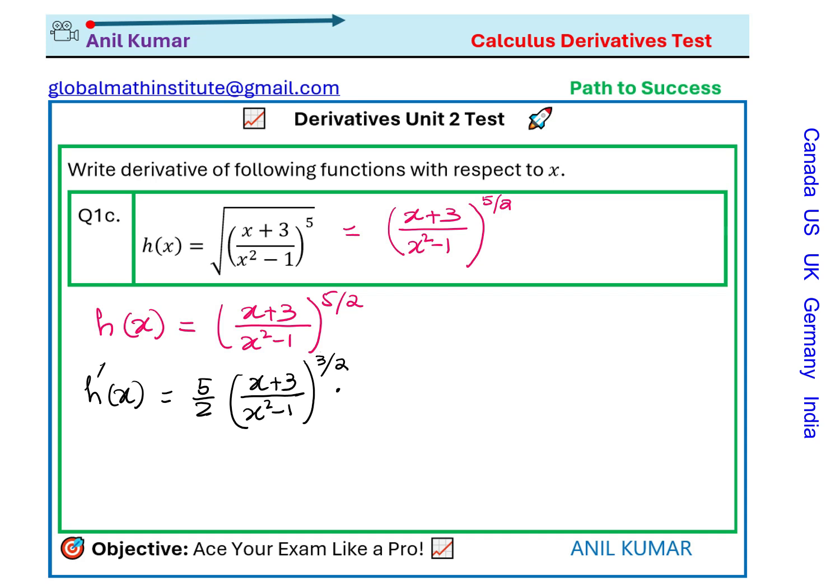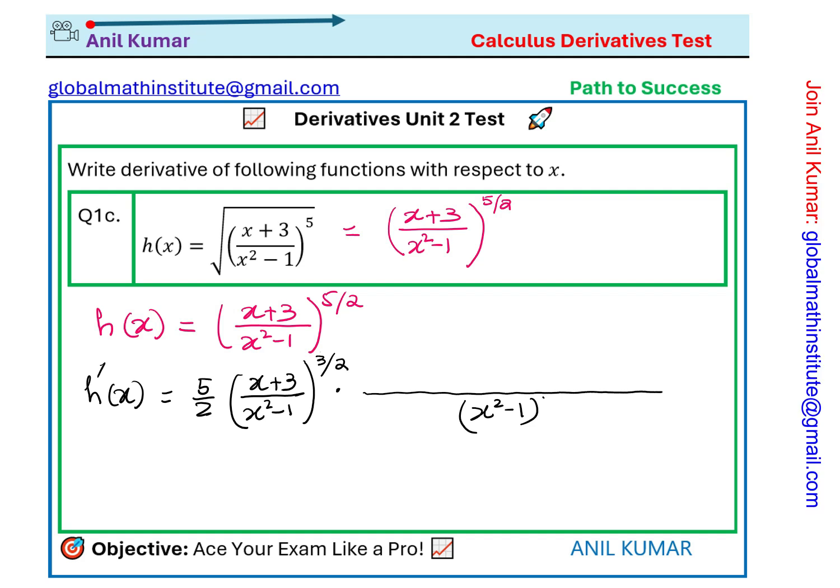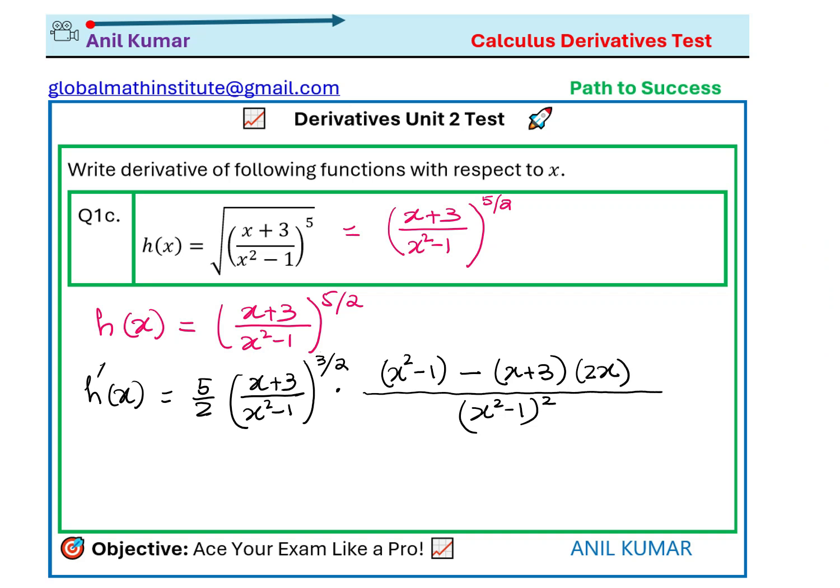So if you apply the quotient rule, then you get the denominator square, which is x square minus 1 whole square. Derivative of the numerator, which in this case is 1, so we get x square minus 1 here, minus the function x plus 3 times the derivative of the second function, which is 2x. So I hope this step is absolutely clear, right?